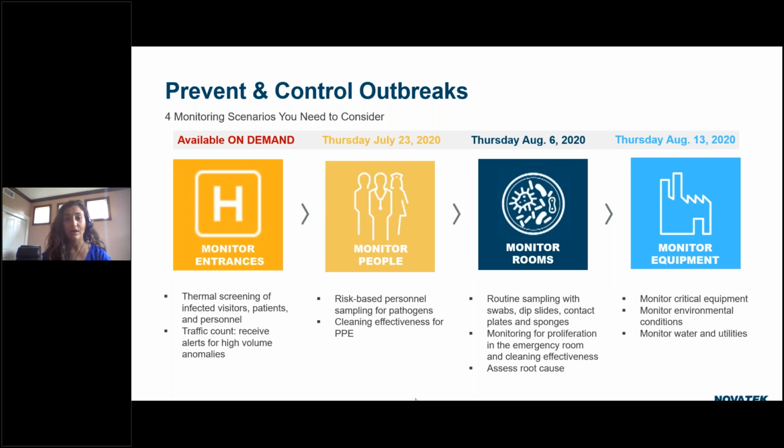And then finally, on August 13, we'll be looking at monitoring equipment and critical equipment such as HVAC systems, monitoring of environmental conditions such as temperature and humidity, as well as critical utilities such as water.